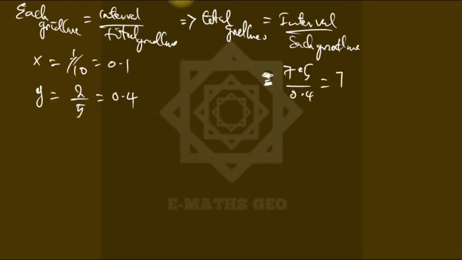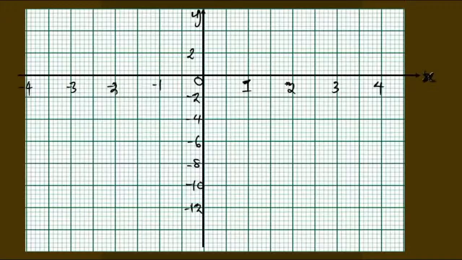So let's know how many grid lines will give us 7.5. This is 75 over 4, which gives us 18.75 grid lines, so maybe 19. Let's check.